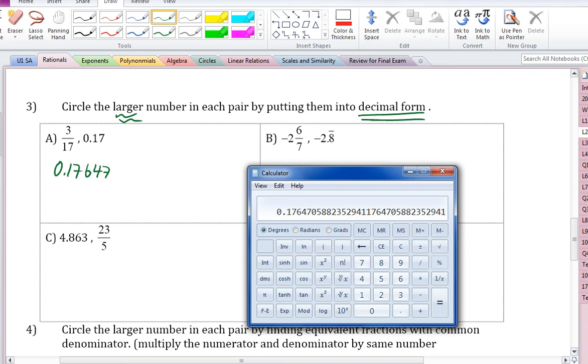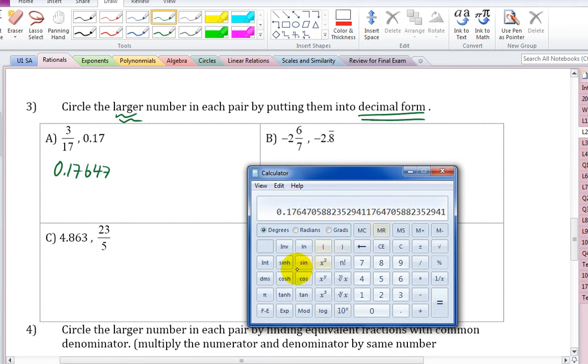That's a huge repeating section, isn't it, for that first one? If you look on the calculator, it doesn't start repeating all the way to here. So you'd have to put a repeat bar over all those digits. Oh, is that the 8s? No, it's 88235941, and then it starts repeating again. 1764, right?